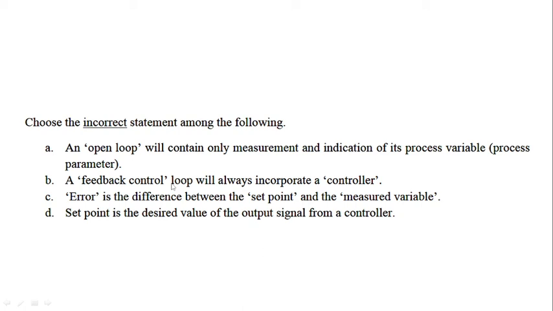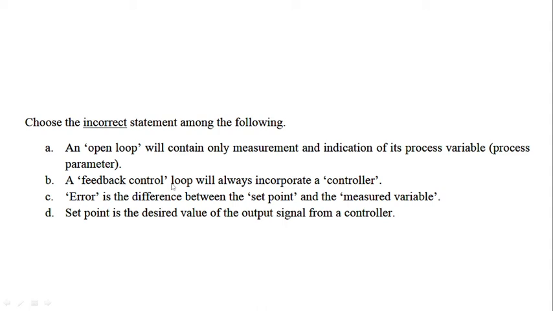This is the measured variable. This will be the controller. Then this is the process. This is the measuring device. In a feedback controller a controller will always be there, and option B is a correct statement.